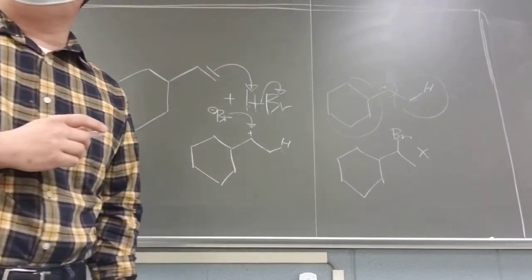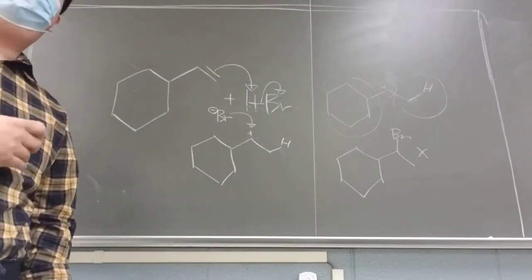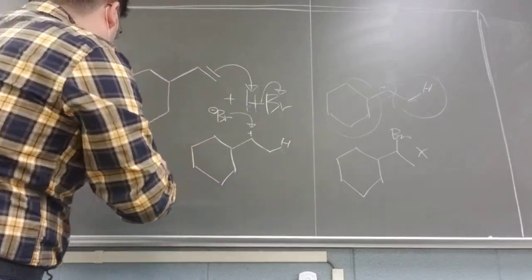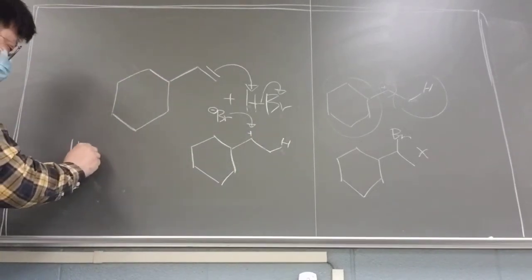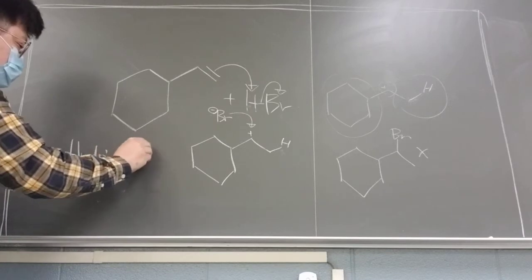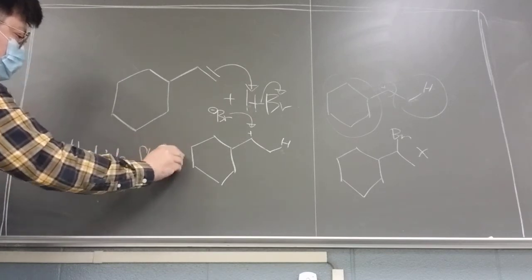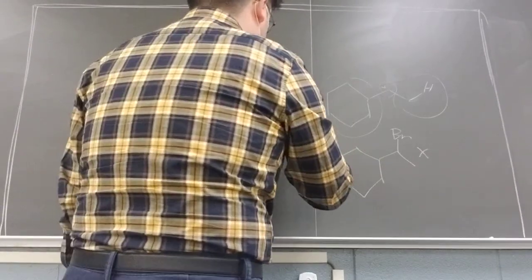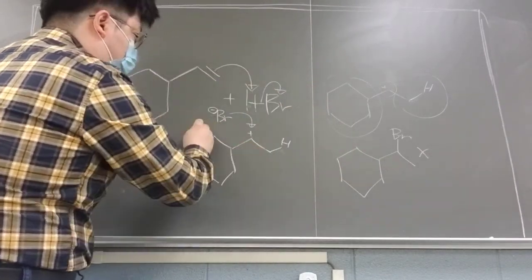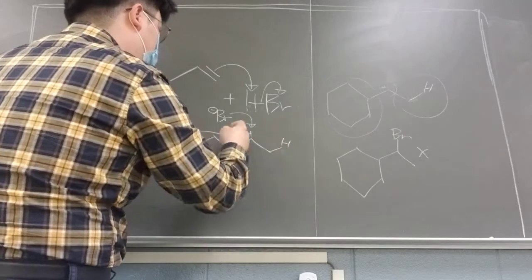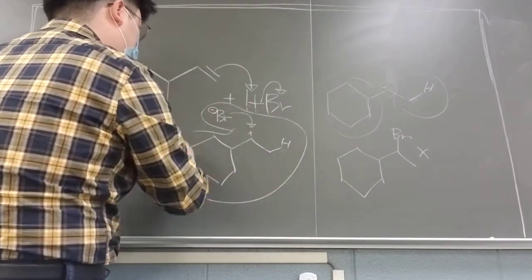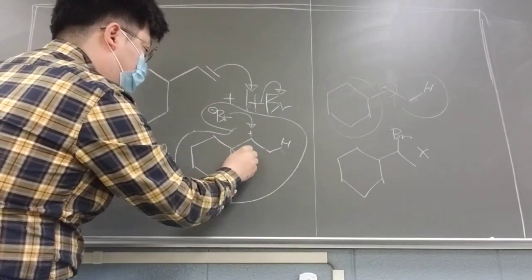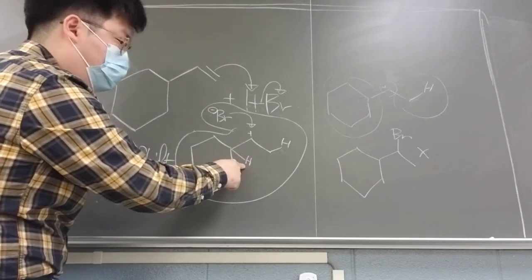Because there's one exception. I talked about it in the very last part of chapter 7: the hydride shift. You guys remember this? Hydride shift. So, okay, if this is better than this position here, right? And then think about there's an implied hydrogen here.